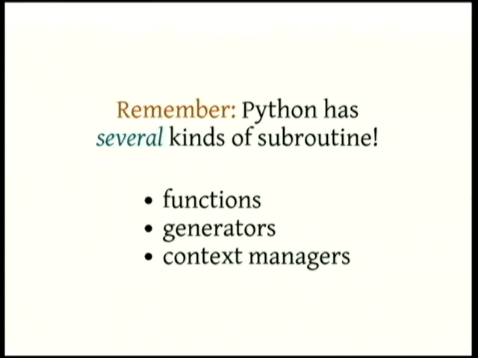And if you try applying these different patterns to your Python code, remember that Python has several different ways of breaking out a pattern from your code. We do have functions or methods, but remember that if it's iteration that you want to factor out, you can build a generator.